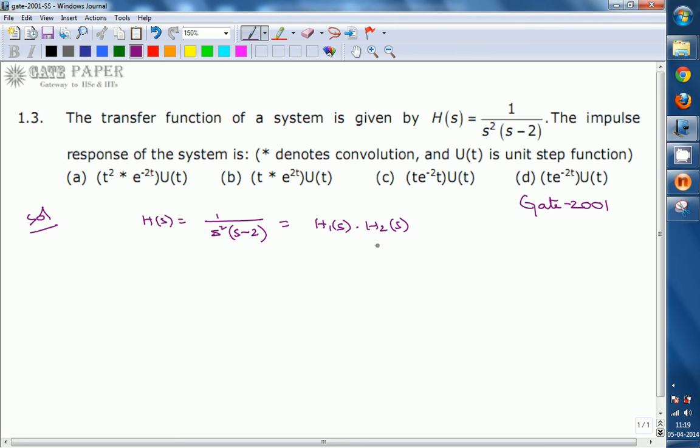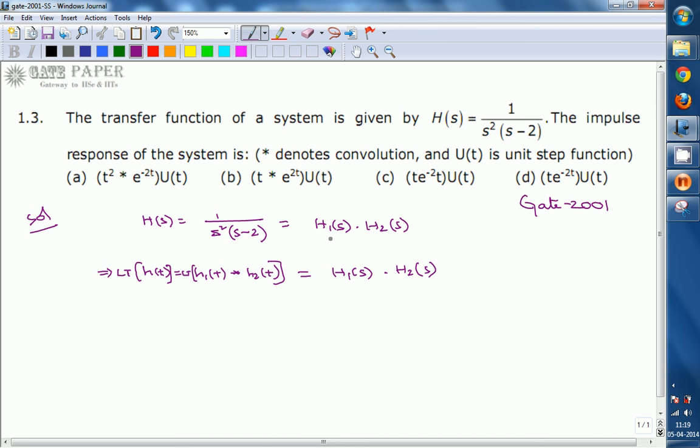We know the convolution property of the Laplace transforms, that is h of t, considering that h1 of t convoluted with h2 of t, by applying the Laplace transform for this, equals H1 of s into H2 of s. The convolution in time domain becomes the multiplication in s domain.